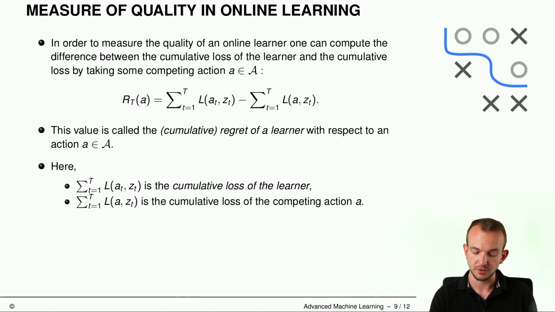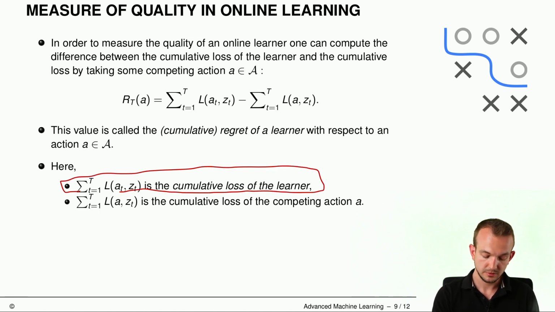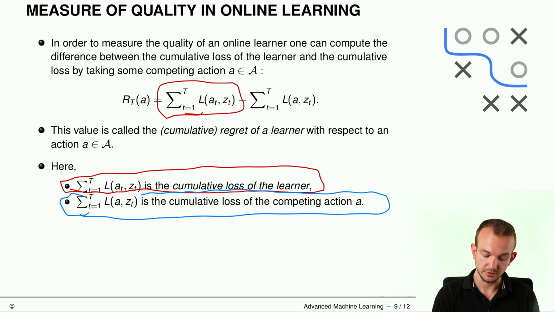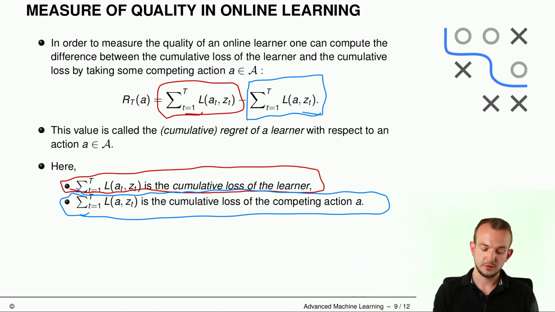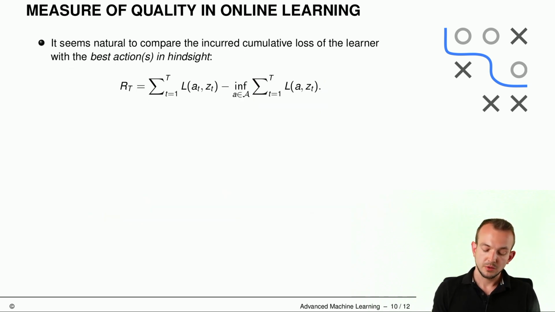So again, the first part here refers to the learner, the cumulative loss of the learner, and the second part is the cumulative loss of some competing action A. And we could ask what is the best action in this regard, in the sense that we look for the one which has the smallest cumulative loss.